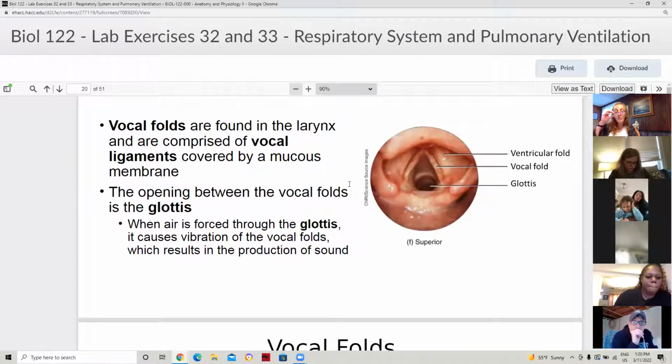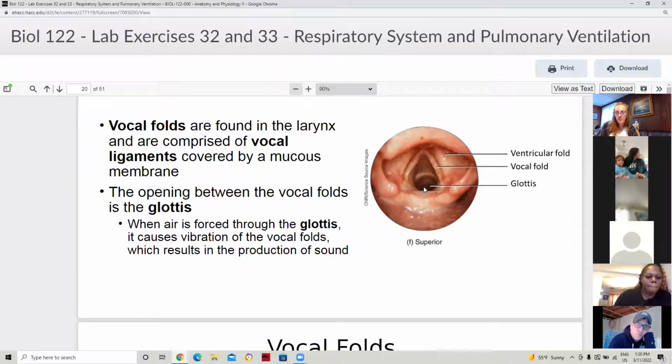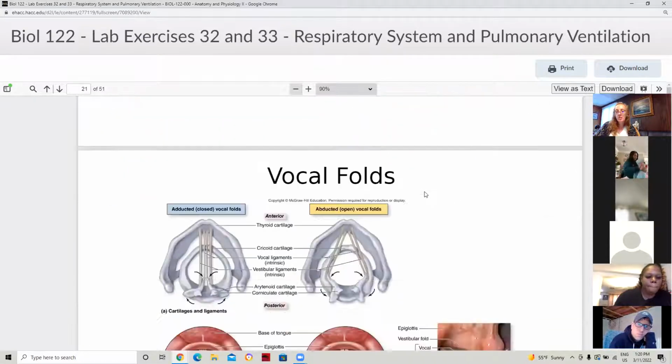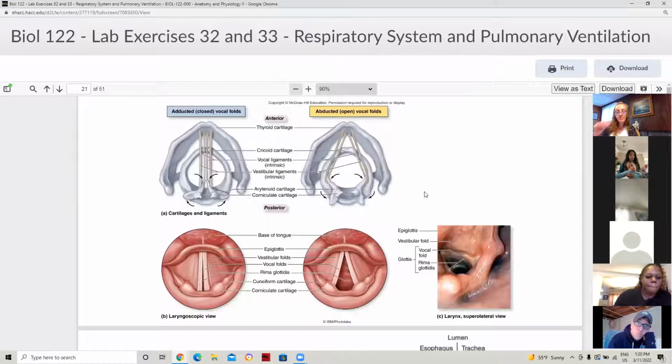The opening between the vocal cords is the glottis, which is essentially the opening into the trachea. When the air is forced through the glottis, it causes vibration of the vocal folds, which results in the production of sound. When the folds are abducted, when they're open, they vibrate.